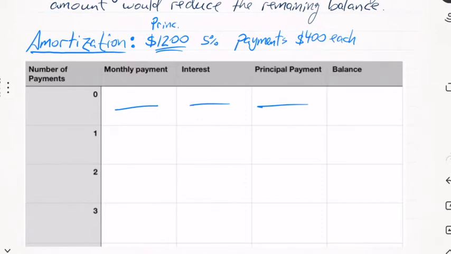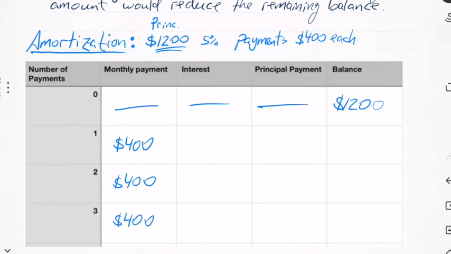And our balance for this loan is $1,200. And that's why I like the zero payment, to show that we have a beginning balance of $1,200. All right, so our monthly payment is going to be $400 each. So I'll put 400 here, 400 here, 400 here for a grand total of $1,200.